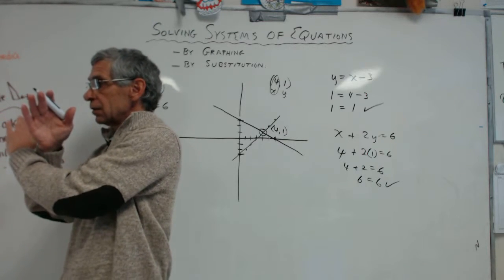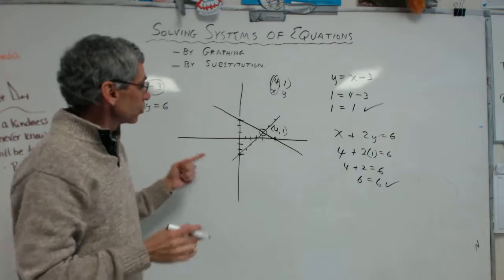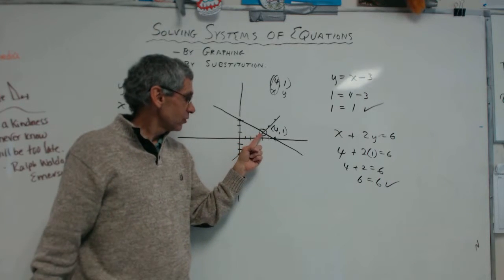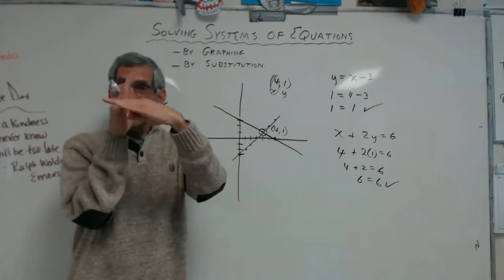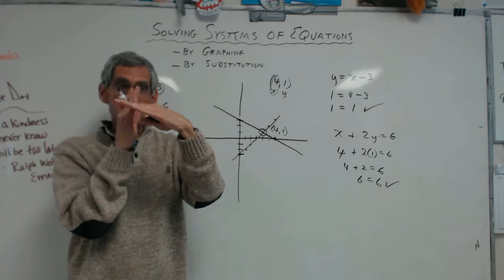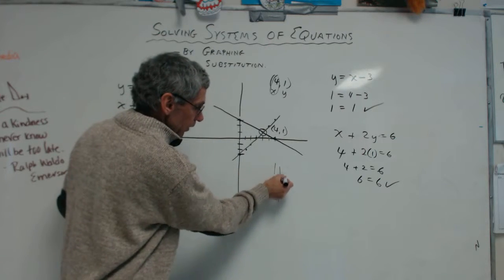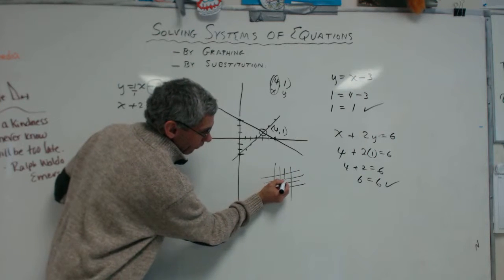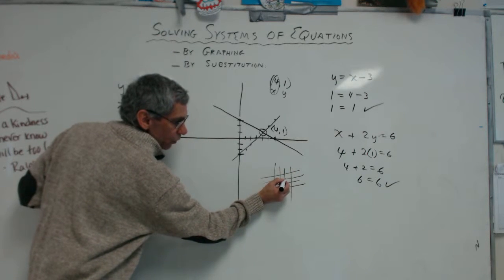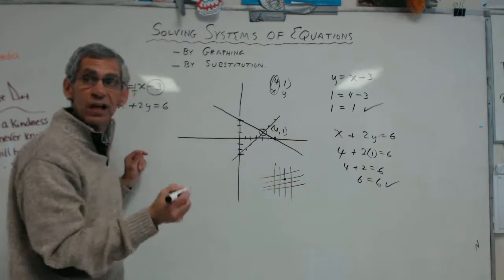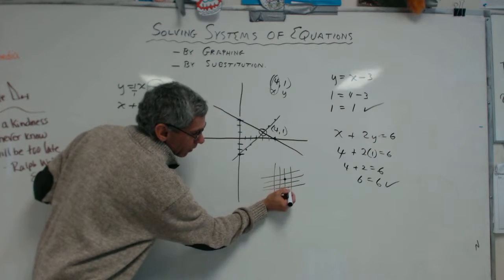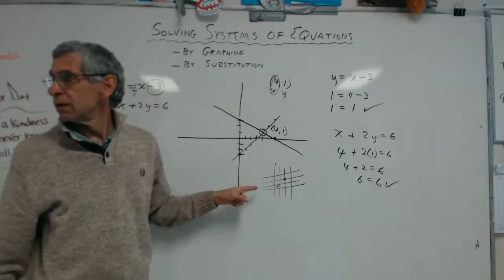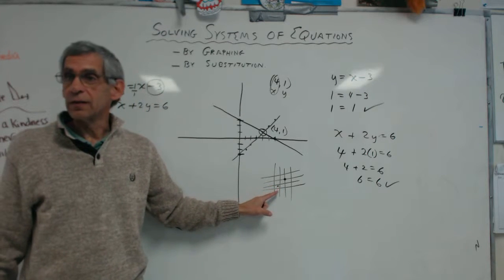Does that make sense? And the trouble with graphing is a lot of times the answer is not right on one of those grids. You know what I mean? When you have a graphing grid, ideally it falls right on one of those corner grids. But if it falls right here, oh my gosh, I have no idea what point that is.